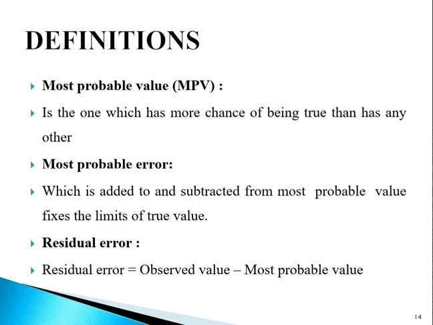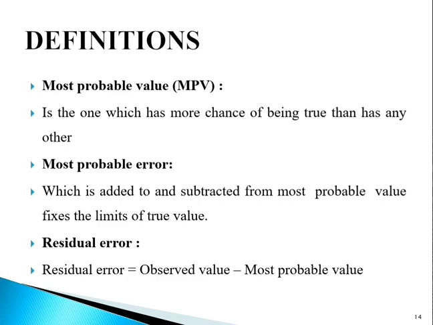Next is most probable error. It may be defined as the quantity which is subtracted from or added to the most probable value of a quantity. It fixes the bounded limits within which the true value of the observed quantity must lie.